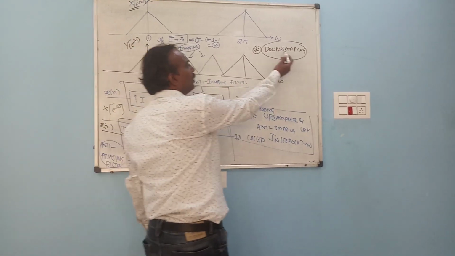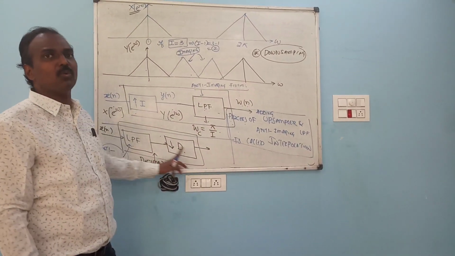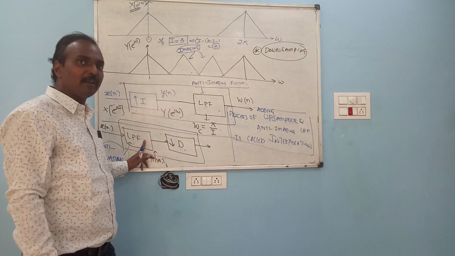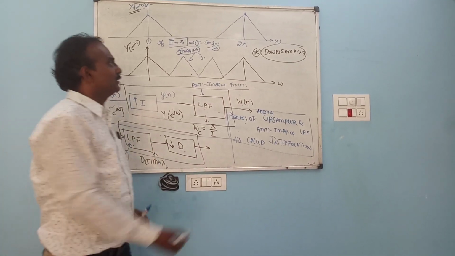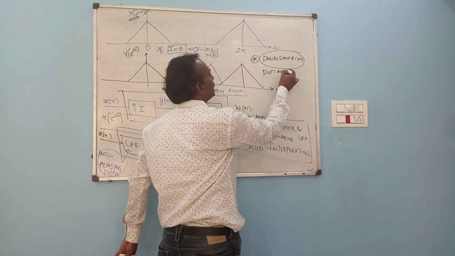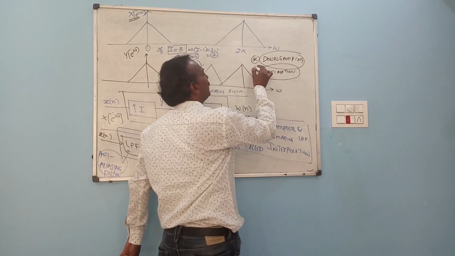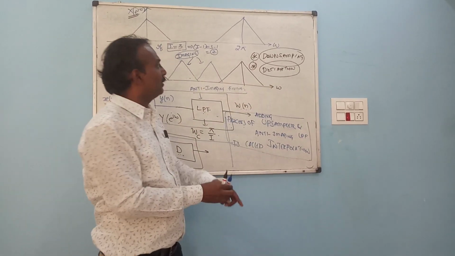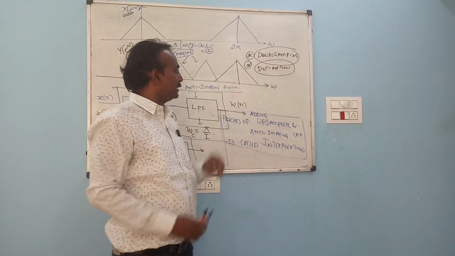The process of adding a filter prior to the downsampling process, we are calling decimation. So we have seen what is downsampling and what is decimation. Please understand this difference.